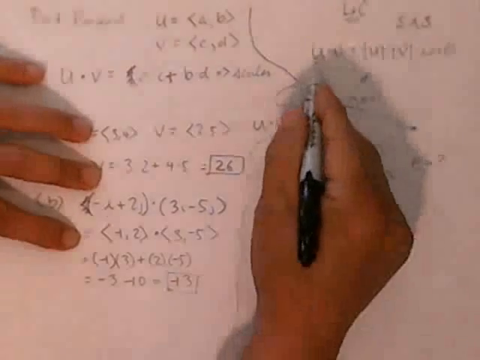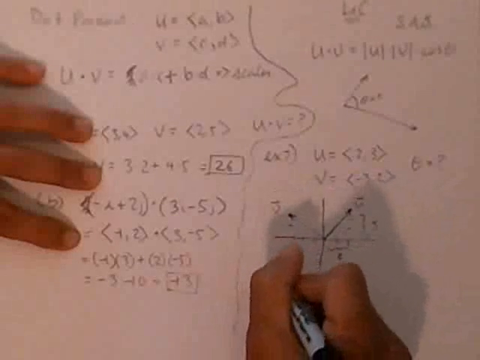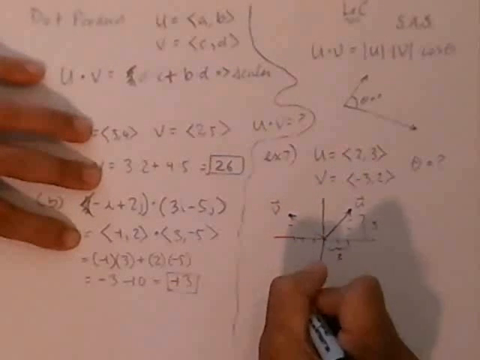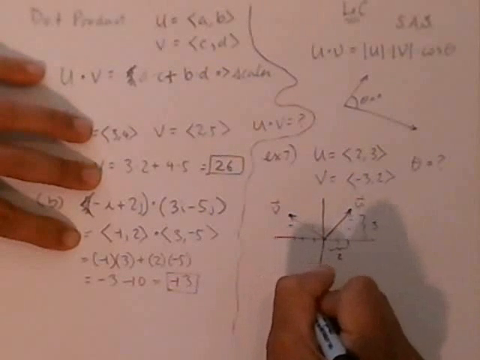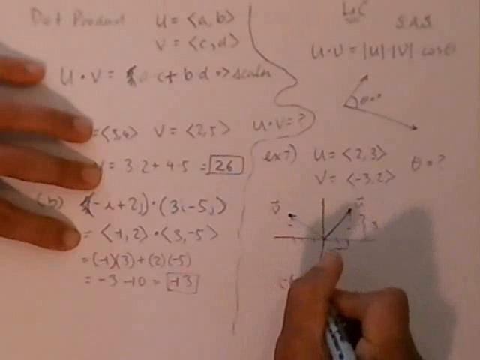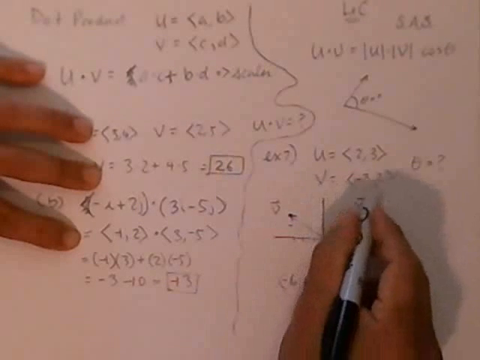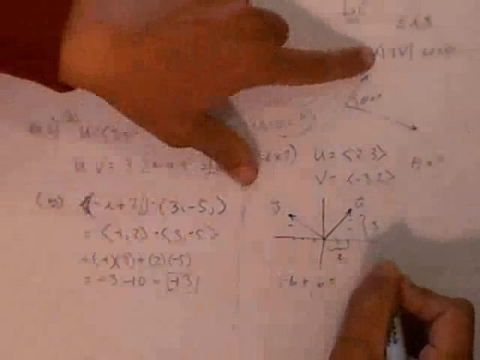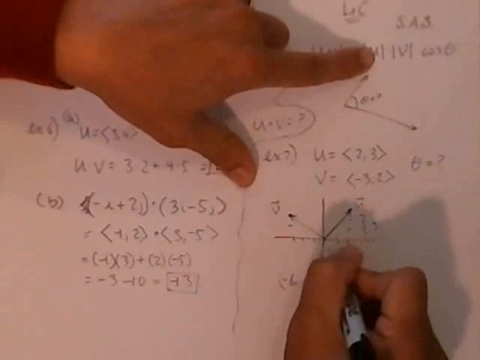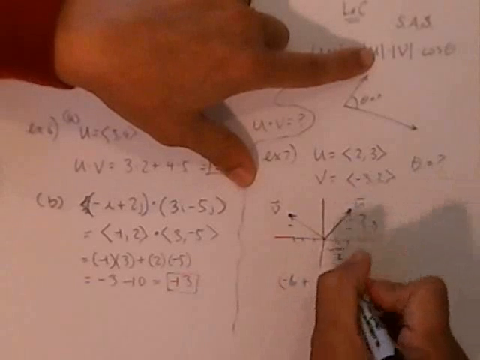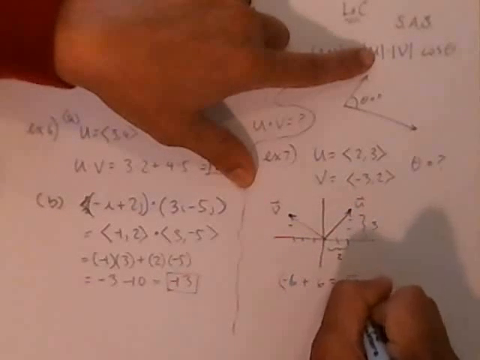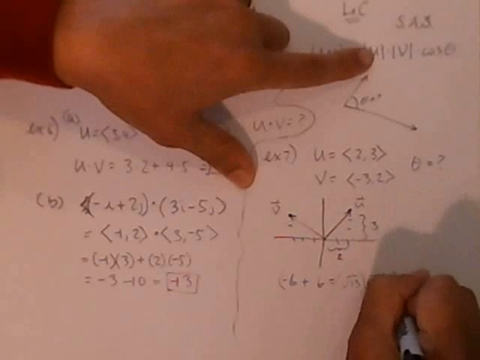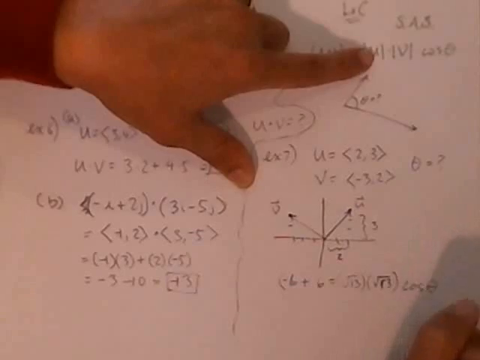So you're going to use this formula, u dot v. U dot v is going to be negative 2 times negative 3 is negative 6, plus 3 times 2 is 6. Equals, on the right side, the magnitude, 4 plus 9, square root of 13, times the square root of 13, times the cosine of the angle theta.